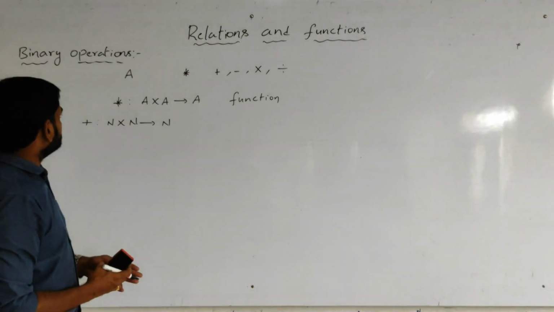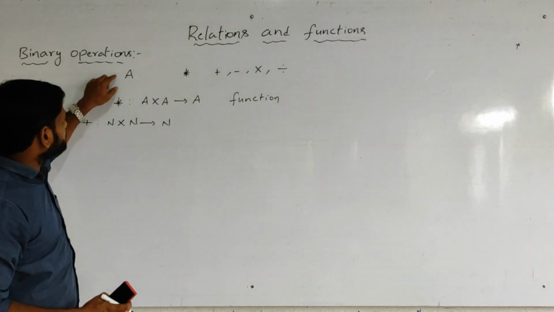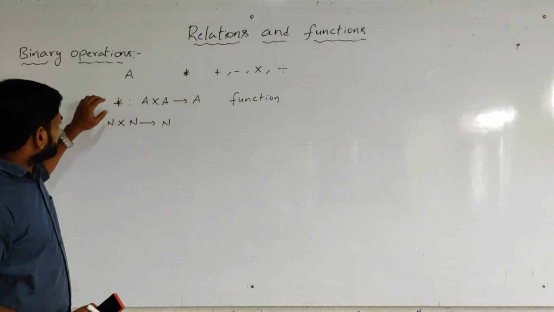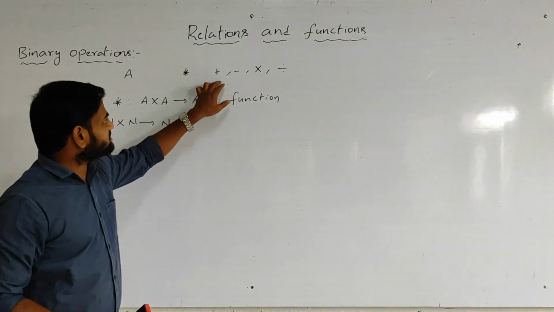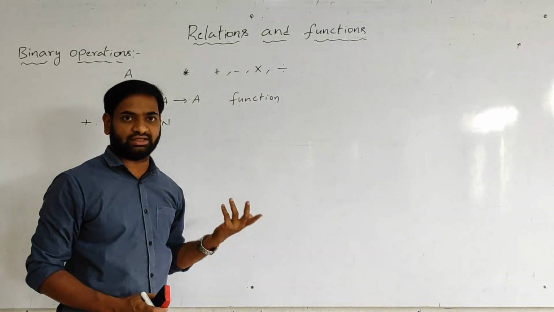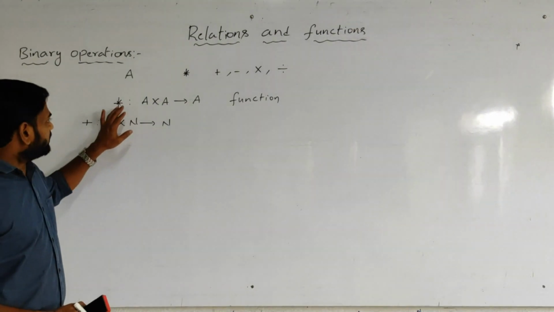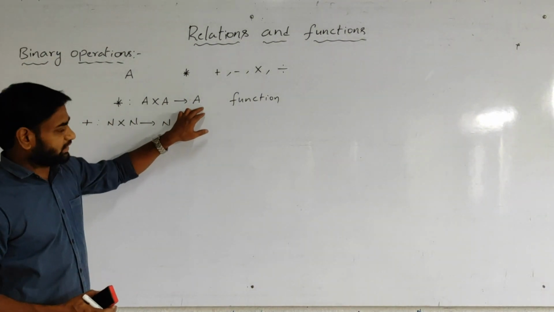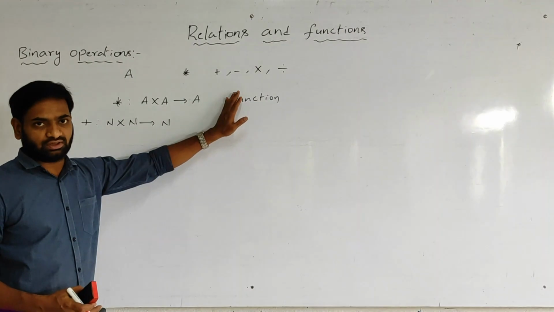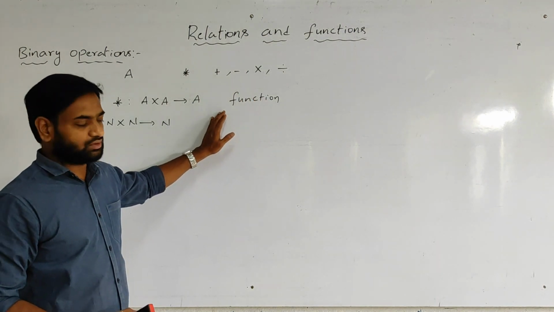So what I said previously, binary operation means, when star, which actually means plus, minus, multiplication, division or combinations of these operations, is from A cross A to A, it should be a function. All of you know what the function definition is.